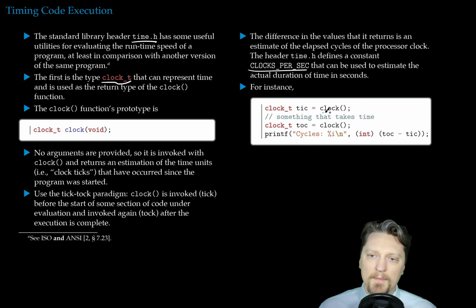Then we're going to do something that takes time. This is the part of the code that we're evaluating. And then after we're done, tock equals clock(), then we can take the difference, tock minus tick, and that gives us an estimate of the number of cycles that have elapsed.